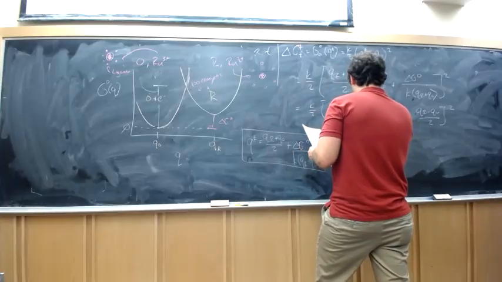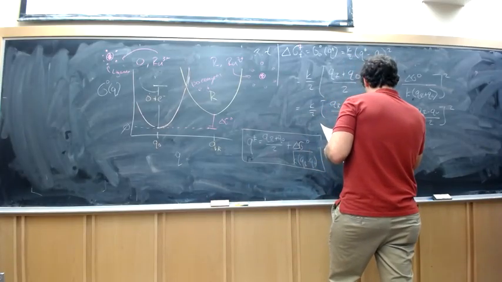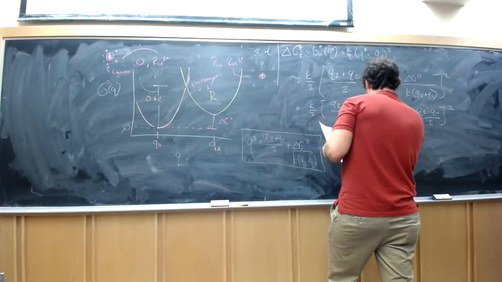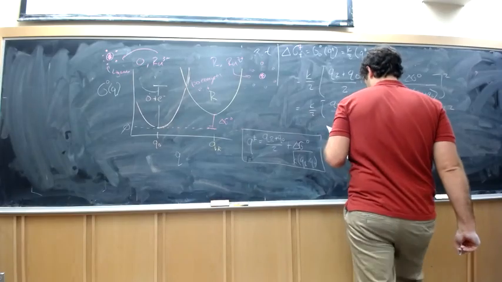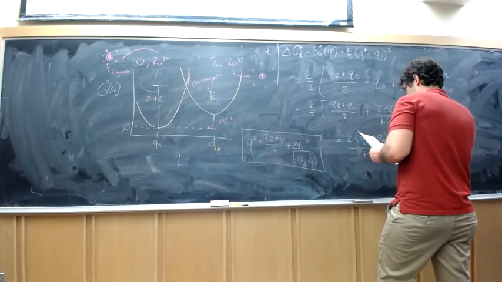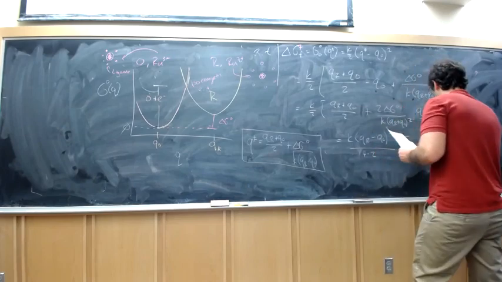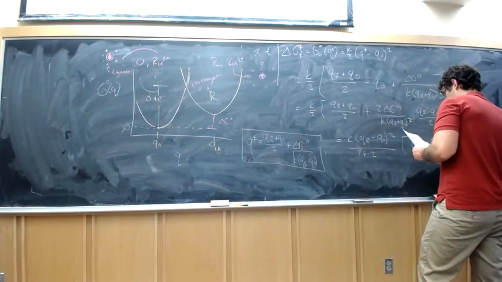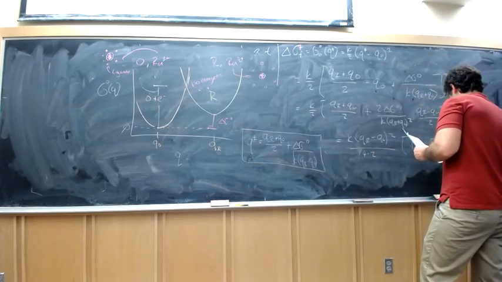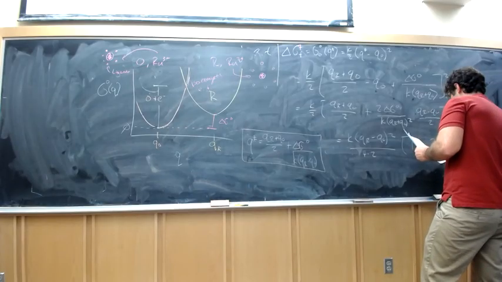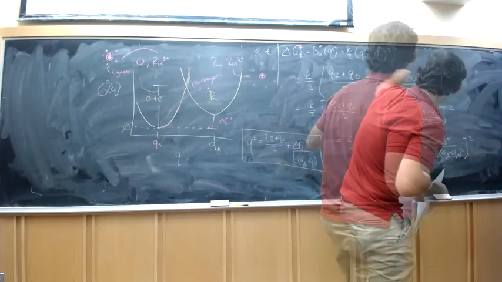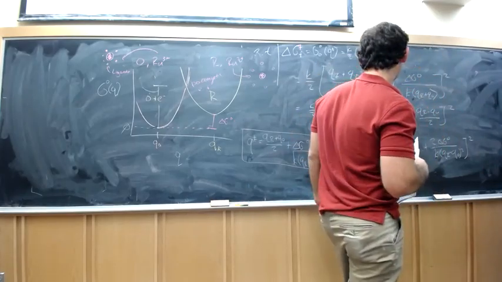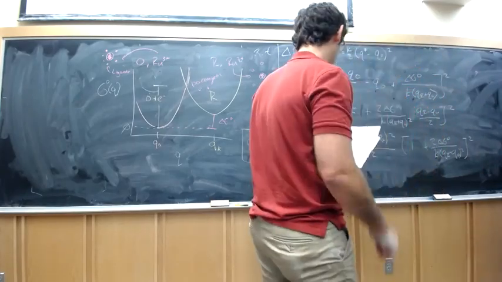I should just give you the final answer: (Q_R minus Q_O) squared over 4 times 2, times 1 plus 2 delta G naught over k(Q_R minus Q_O) squared. So what we did is we factored out the (Q_R minus Q_O) squared.